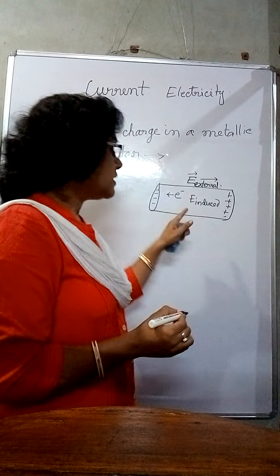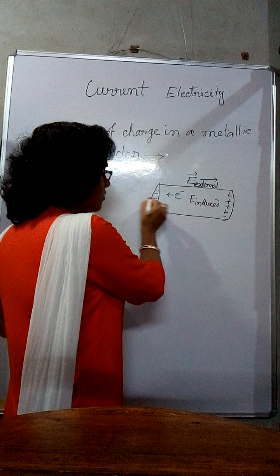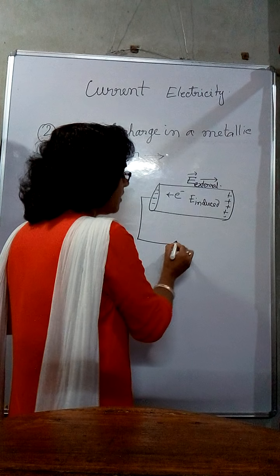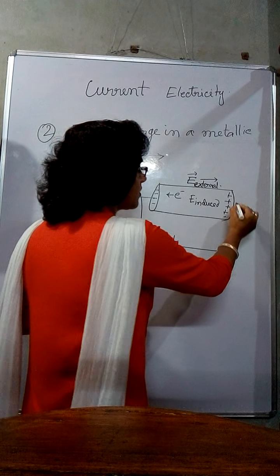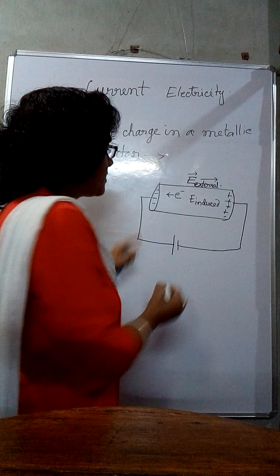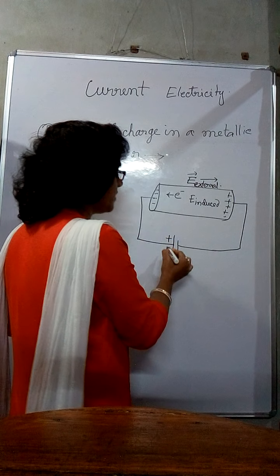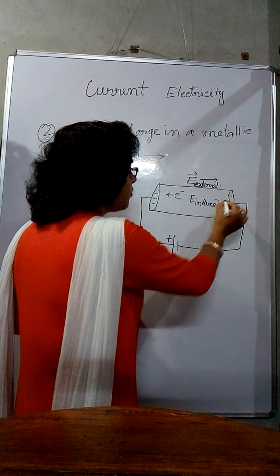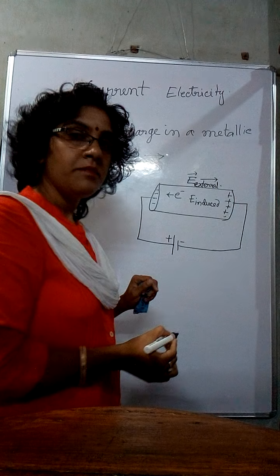But when the conductor is connected with a battery, the negative charges will be attracted by the positive terminal of the battery, and the positive charges will be attracted by the negative terminal of the battery.